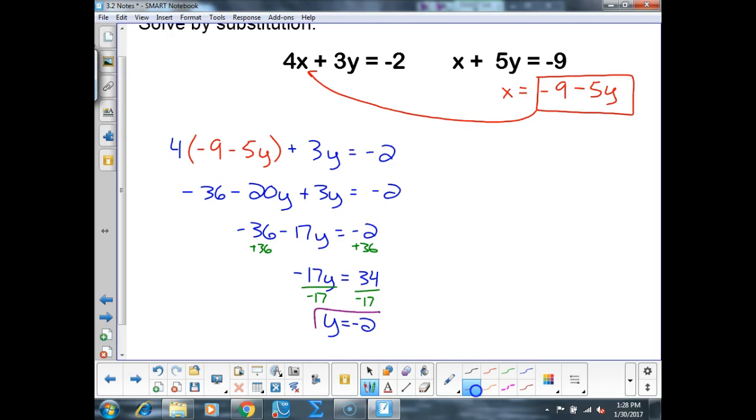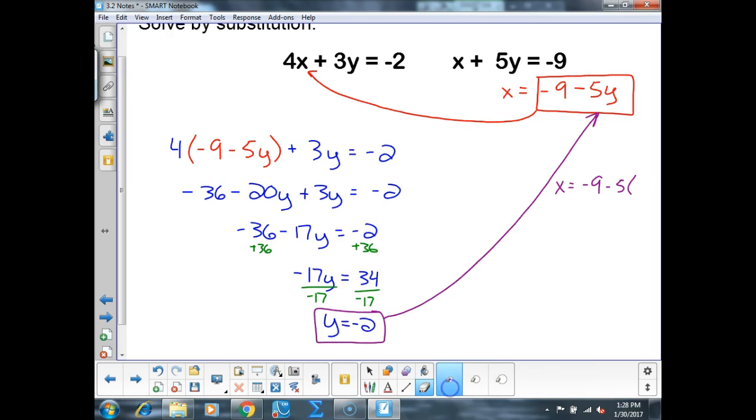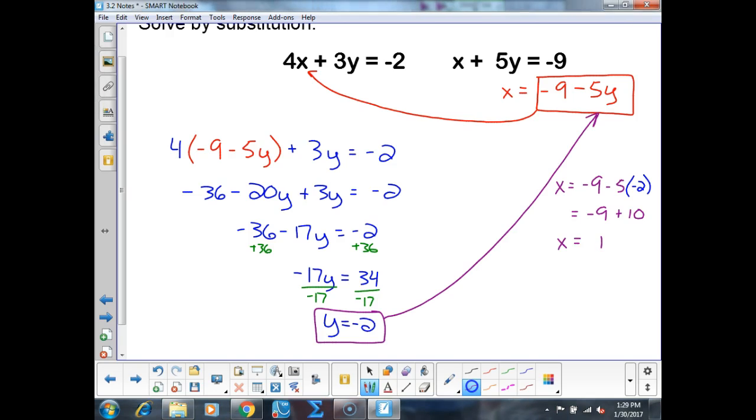Take that, then, back up there. So x is equal to -9 minus 5 times -2, so that's going to be -9 plus 10, so that's going to be x is +1, so that gives me a point of 1 comma -2.